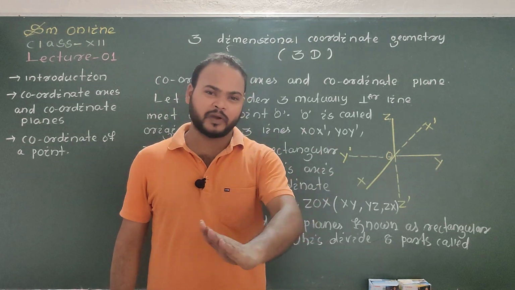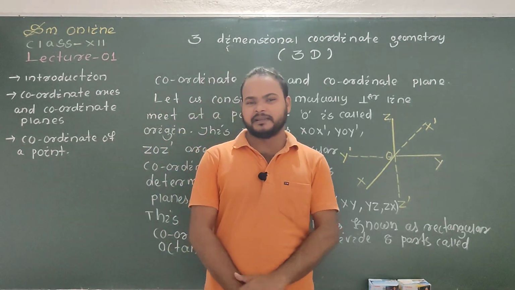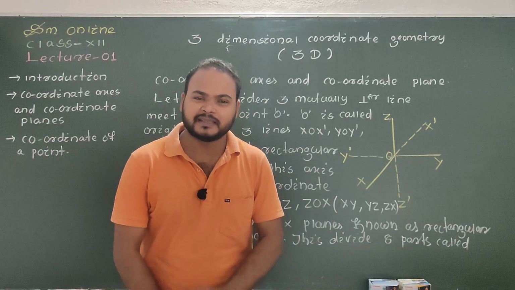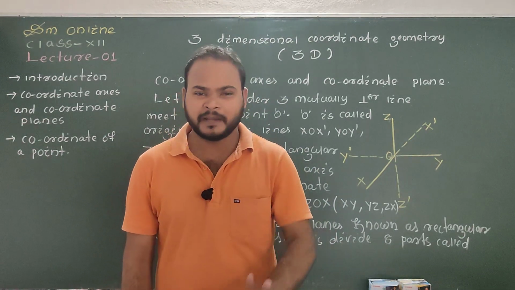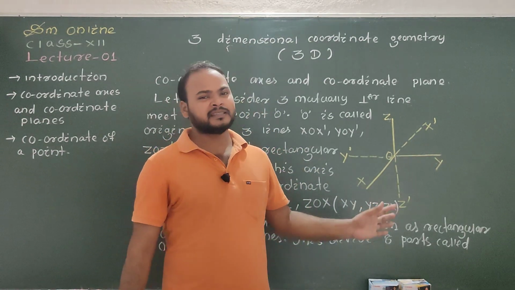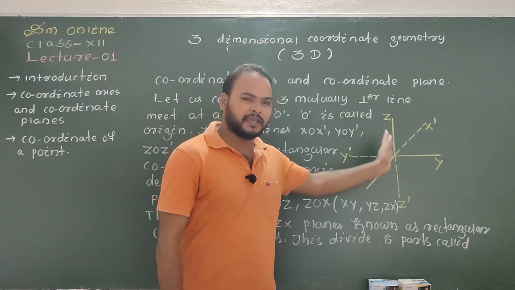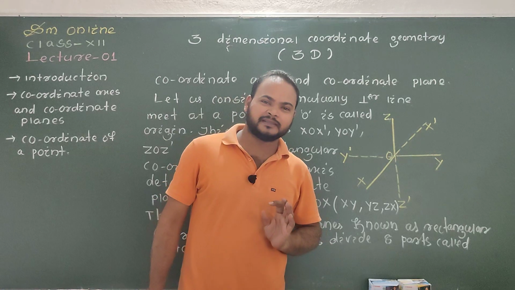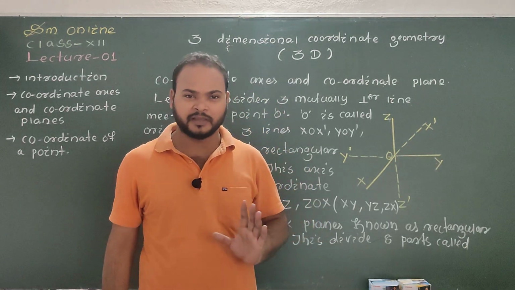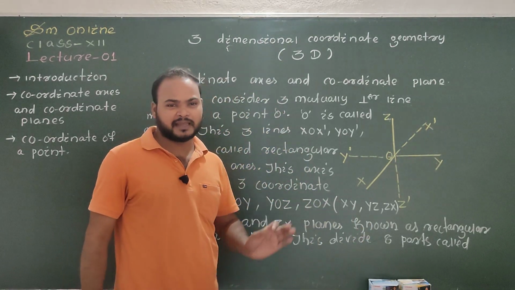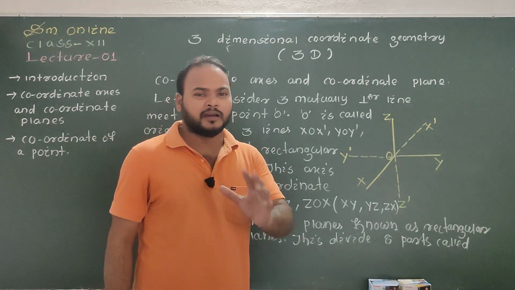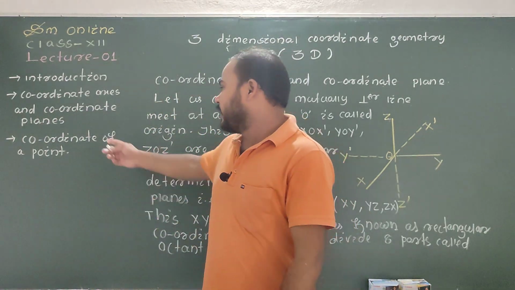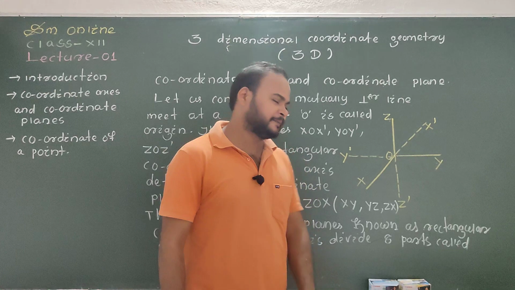This is xy plane, yz plane and zx plane, and these are known as rectangular coordinate planes. Okay, and these planes divide the space into 8 parts, and those parts are known as what? Octant. So this is all about coordinate axis and coordinate planes. Next we move to the coordinates of a point.